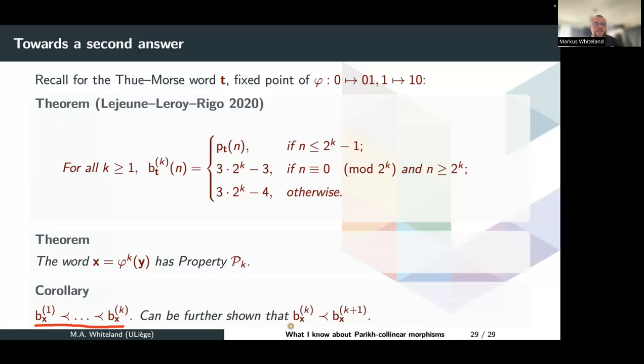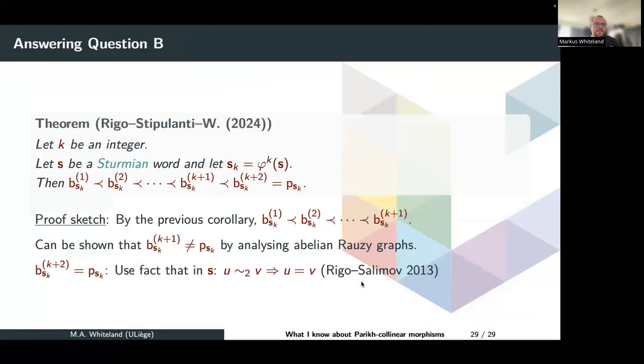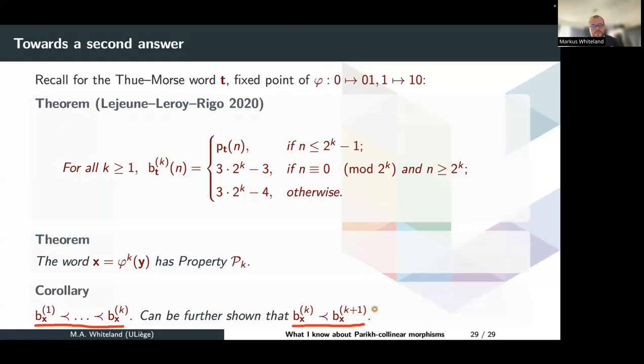And we can also show that the k and k plus 1 will actually have to differ. So the question is, can we now make the k plus 2 complexity collapse to the factor complexity function?